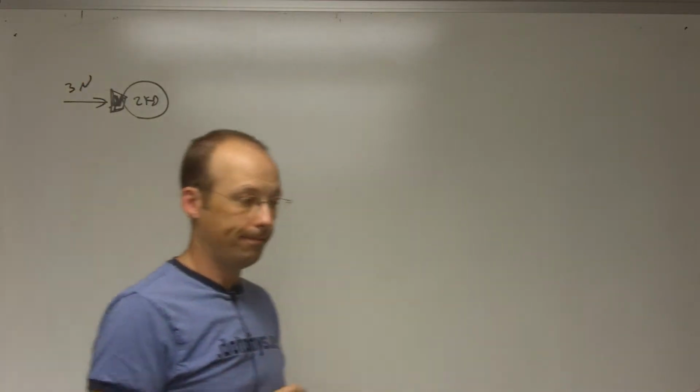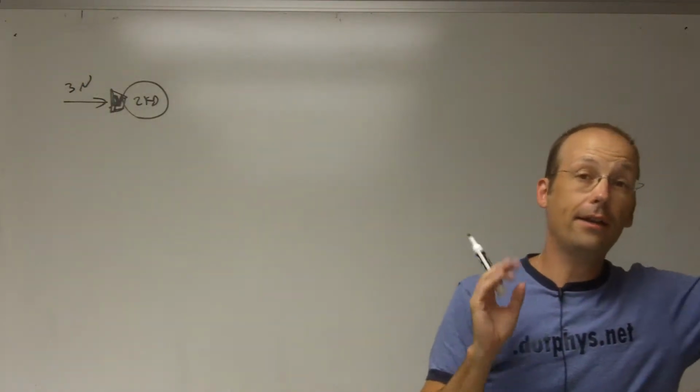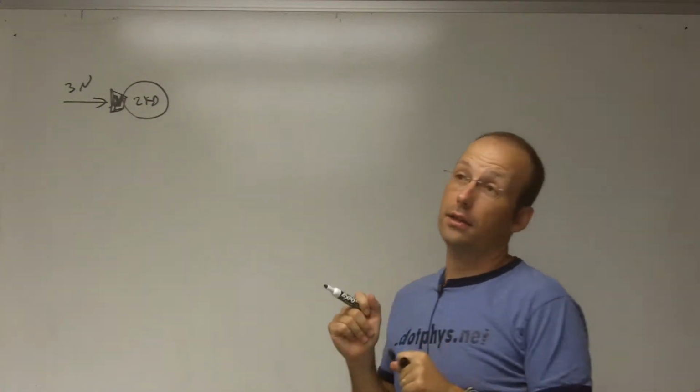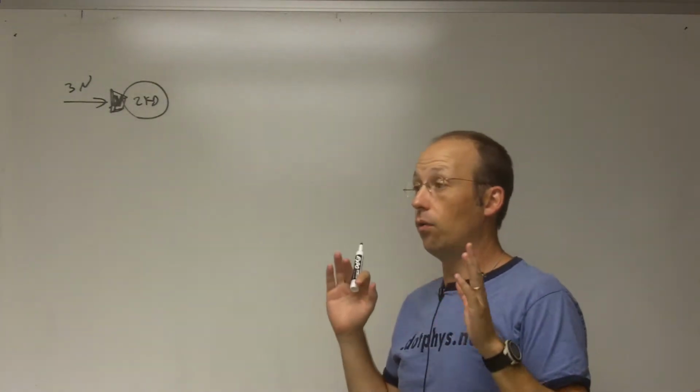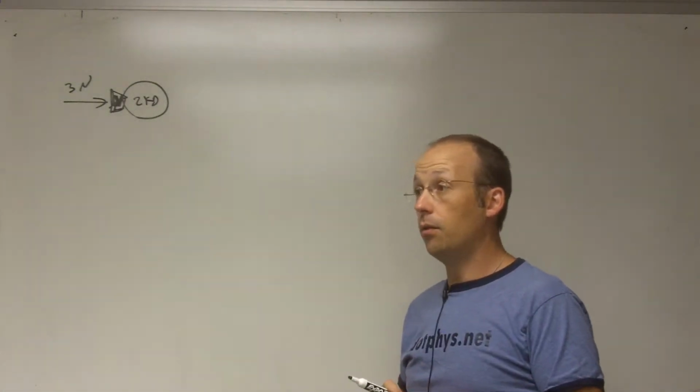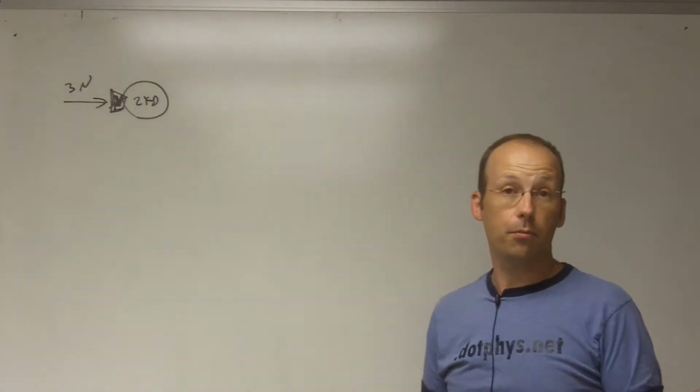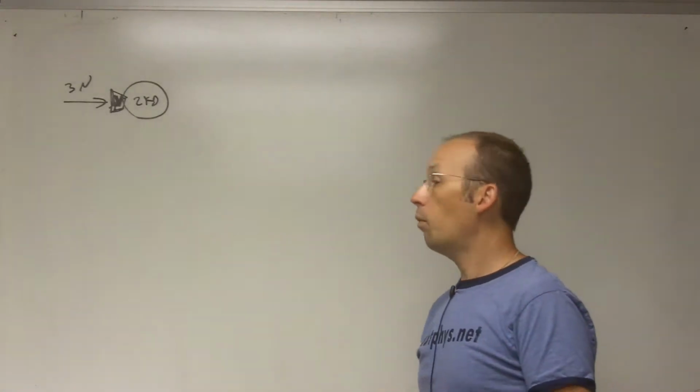I'm making stuff up. Now, before I did several cases where I looked at if the rocket fired for a certain amount of time, then what would be the new momentum and what would be the new position. What if I changed the problem?